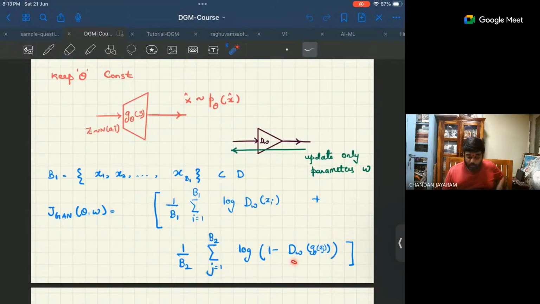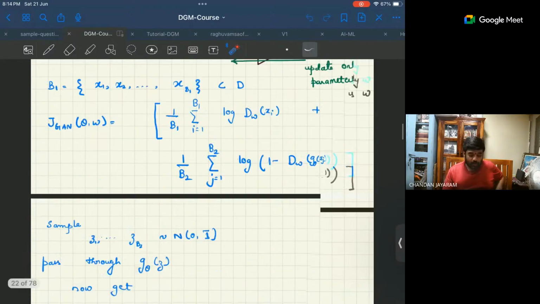The second term you have to pass through omega. Just like we kept theta constant, whenever we are training the generator, we keep omega constant. We will not be updating these weights. We keep them as constants, pass the gradients here, and then only update the generator parameters.